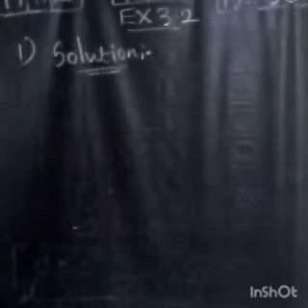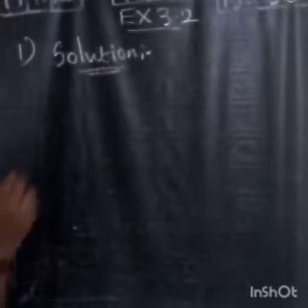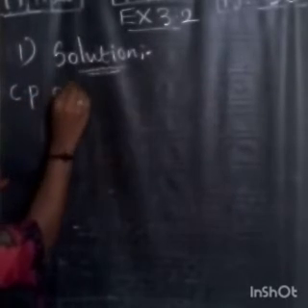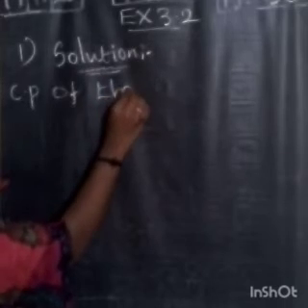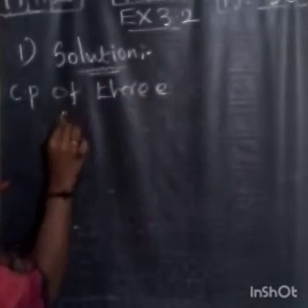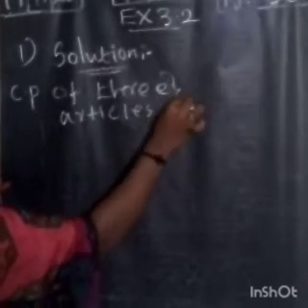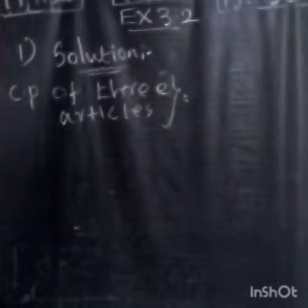In this problem, they are given that a shopkeeper buys three articles. So here they are given the cost price value. Cost price of three articles: rupees 325, 450 and 510.